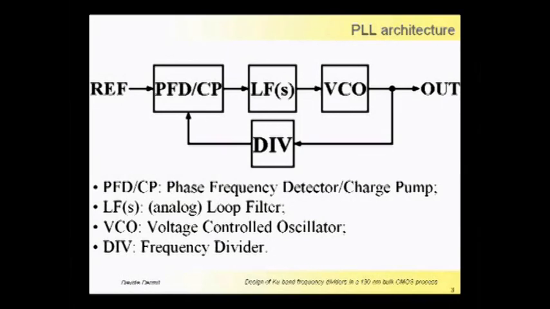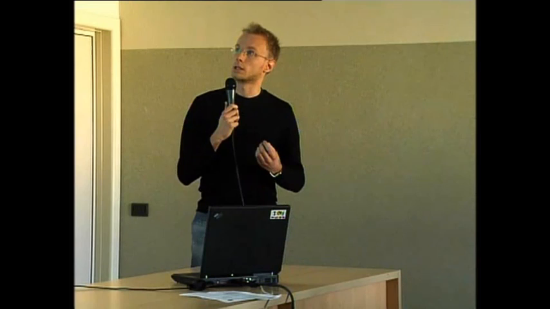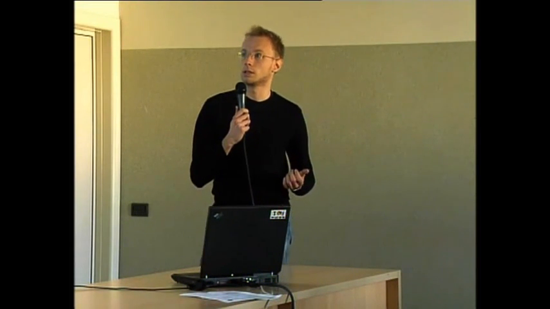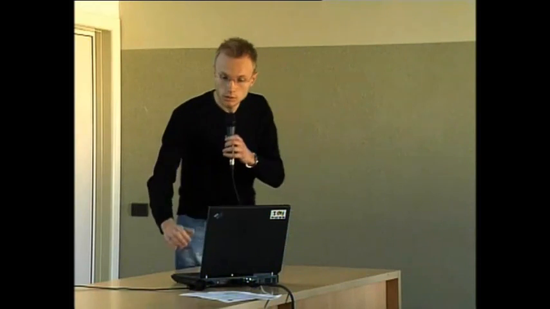And then the output of the VCO is divided down in frequency by the frequency divider and fed back to the input. And so the divider is a fundamental building block of the PLL. We can design dividers with a fixed division modulus or with a variable division modulus.